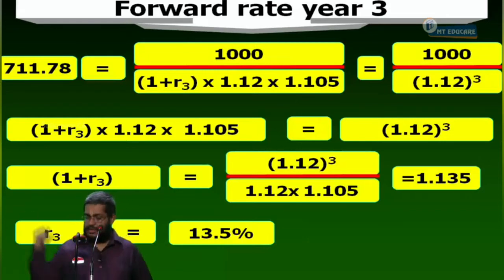Now, bootstrap method, last point, 3 or 4? 3.